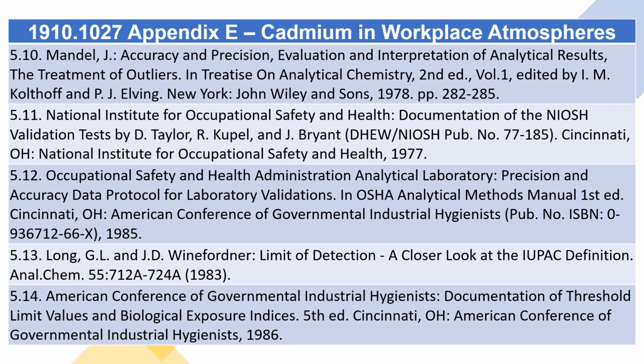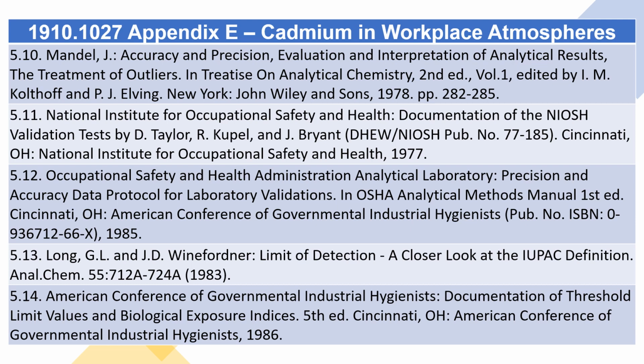National Institute for Occupational Safety and Health, Documentation of the NIOSH Validation Tests by D. Taylor, R. Cupel, N.J. Bryant, DHEW/NIOSH Pub. No. 77-185, Cincinnati, Ohio, National Institute for Occupational Safety and Health, 1977.